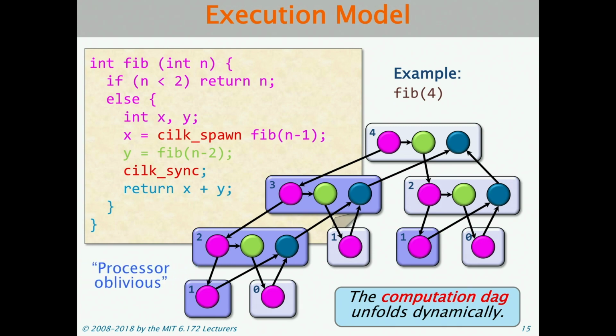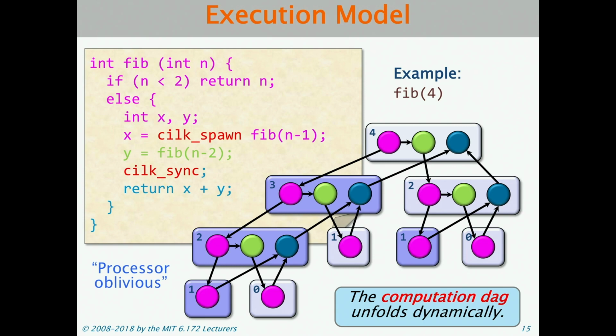And also, this graph is processor oblivious. Nowhere in this computation DAG did I mention the number of processors I had for the computation. And similarly, in the code here, I never mentioned the number of processors that I'm using. So the runtime system is going to figure out how to map these tasks to the number of processors that you give to the computation dynamically at runtime.